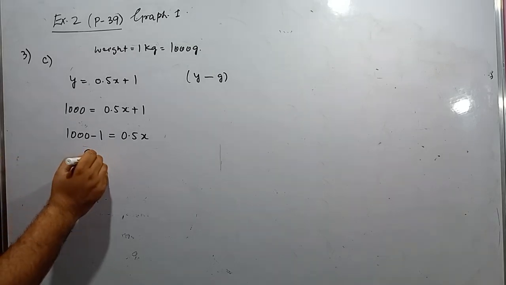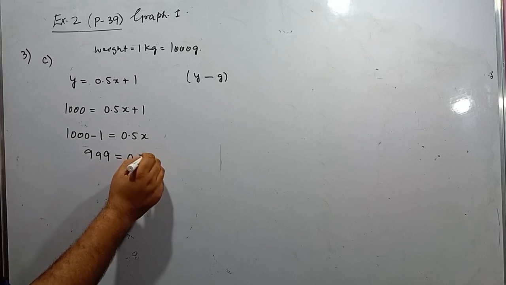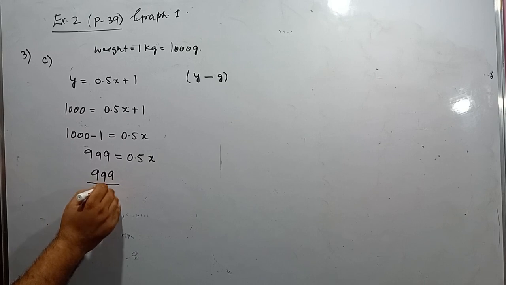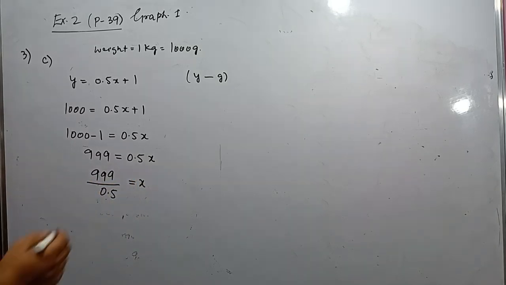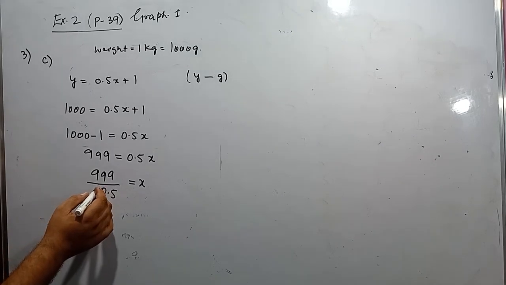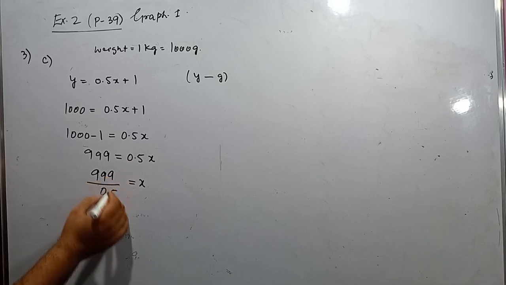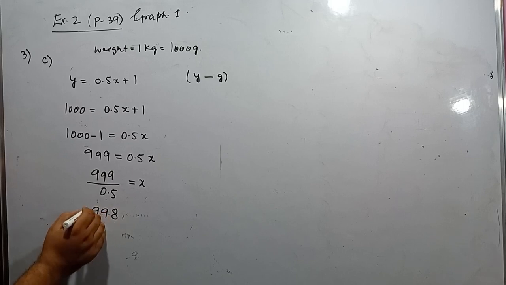That is 999 equal to 0.5x. Then 999 divided by 0.5 is equal to x. Now you can see it is 1998, so 1998 is equal to x.